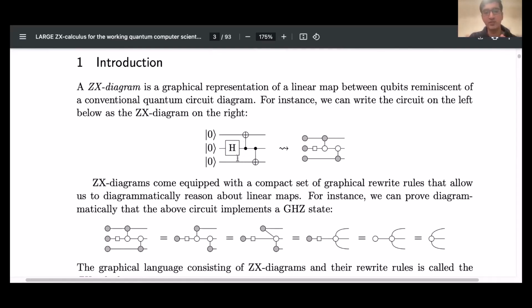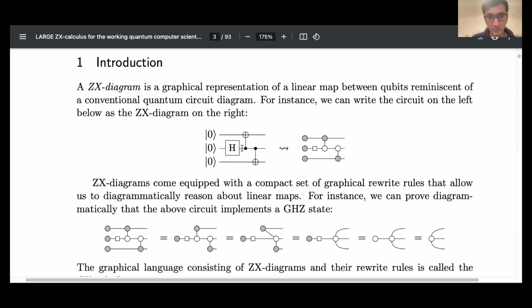If you want to simplify this circuit, you perform the simplification using matrix multiplication, tensor multiplication, and so on, and then you draw the final simplified circuit. But using spiders, you can do it all diagrammatically.